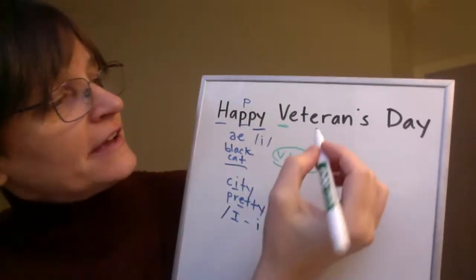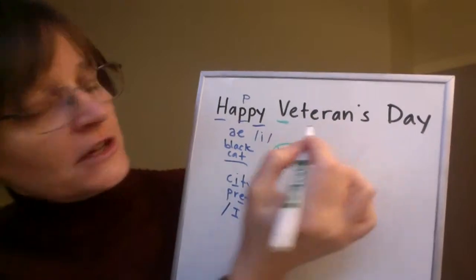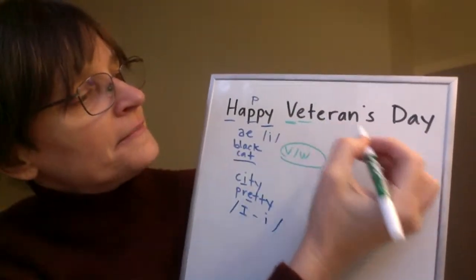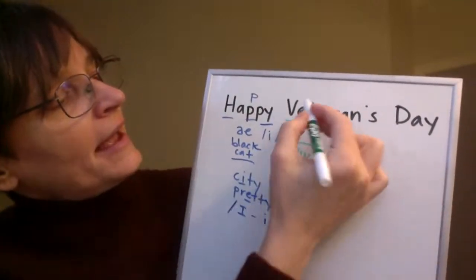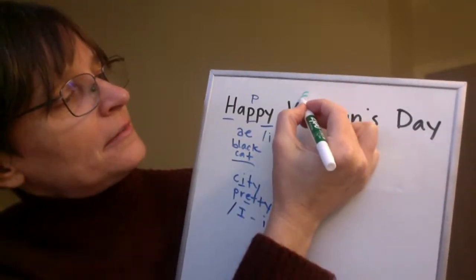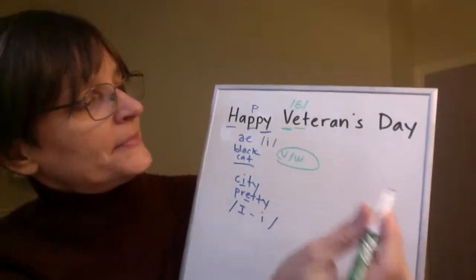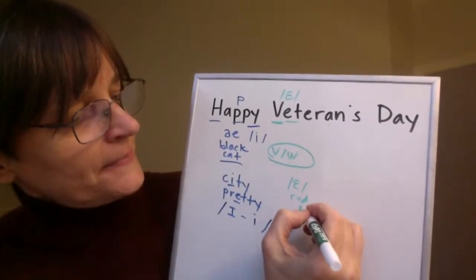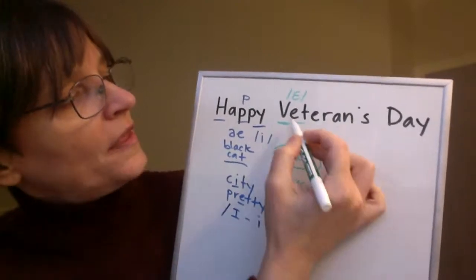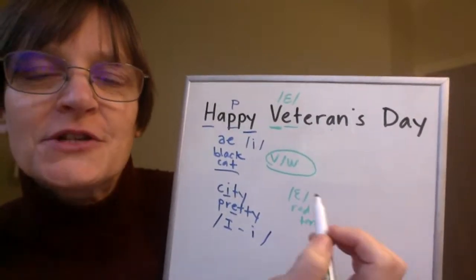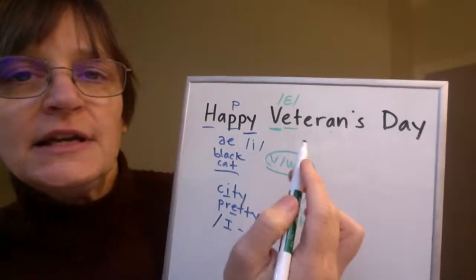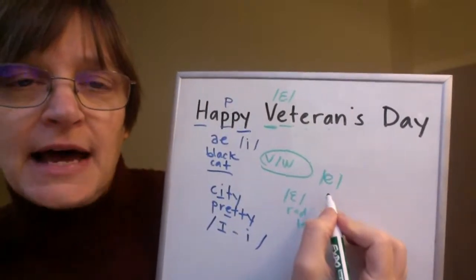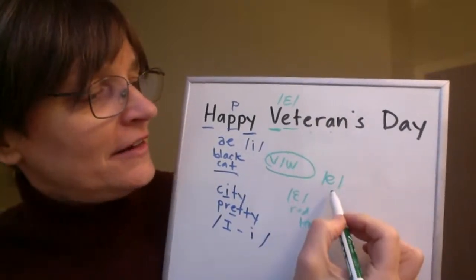Then the stress in "veteran" is on the first syllable, so I try to lengthen there. "Veteran," "Veterans Day." And on that stressed vowel, we have the vowel "eh." And so that's the vowel that's in red tint. And the errors that I hear for this vowel are sometimes people will see the letter E and they will say an A vowel because that is how you pronounce that letter in their language.